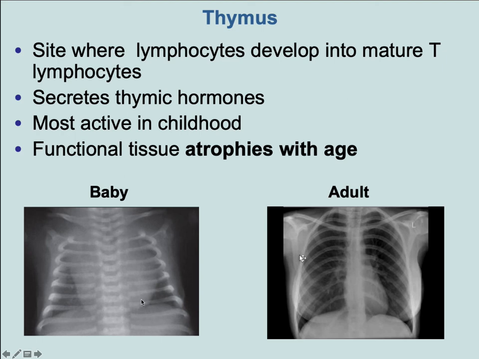This is how large the thymus is. It takes up a third to a half of their whole chest size. This is the thymic shadow. With development, as we grow older, it atrophies and eventually becomes much smaller. And now this is the heart.